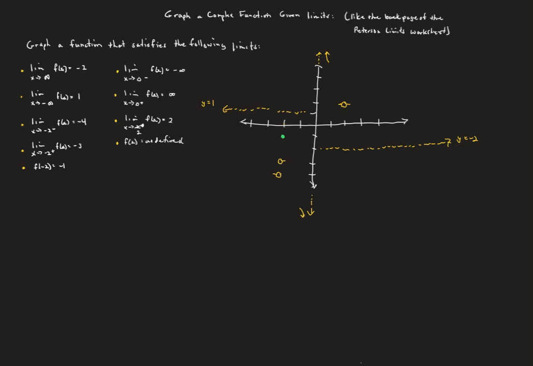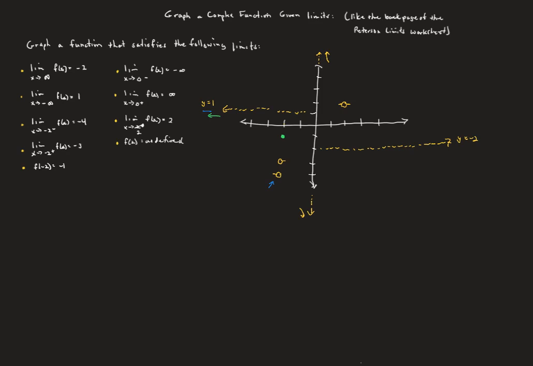Okay, now that I have all the clues to myself, I'm going to come back and go left to right and connect these. So I know it's going to approach y equals 1 on the left, so I'm going to approach that asymptote. The next thing I see is down here where we have a left-hand limit.